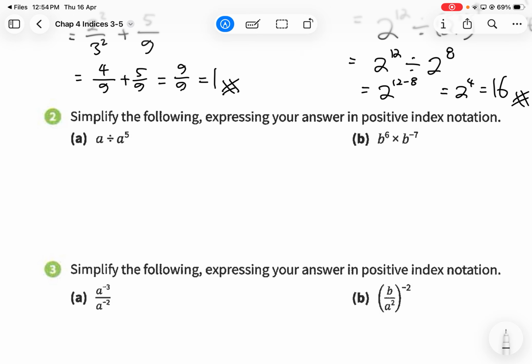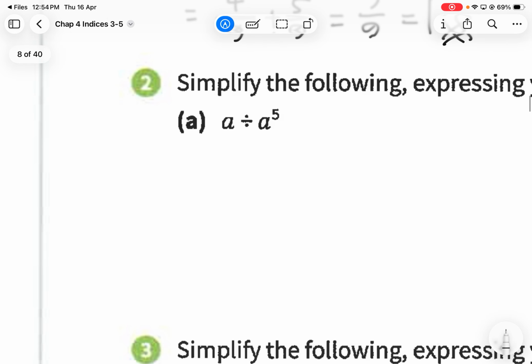Okay, listen. Question 2. They want you to simplify, then your answer must be positive index. So, if I work out part A, A divided by A power 5, when I don't write any power, it means it is a 1. So when I divide, I will have 1 minus 5.